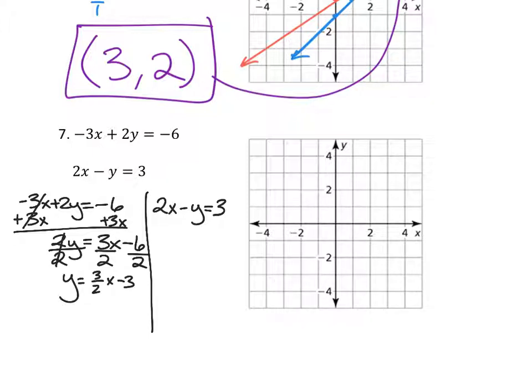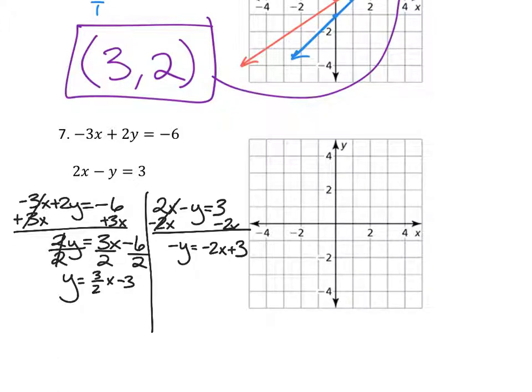What's the inverse or the opposite of what's already there? I'll subtract 2x from both sides. It's the opposite of what's already there, its inverse operation. This would be negative y equal to negative 2x plus 3.